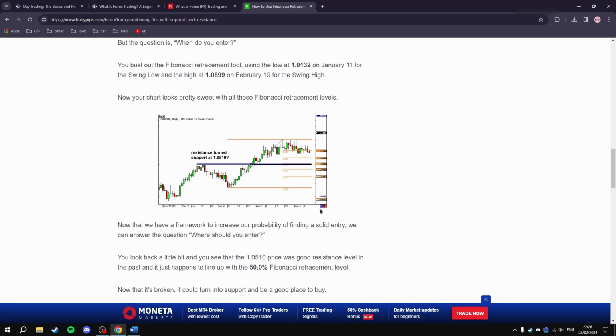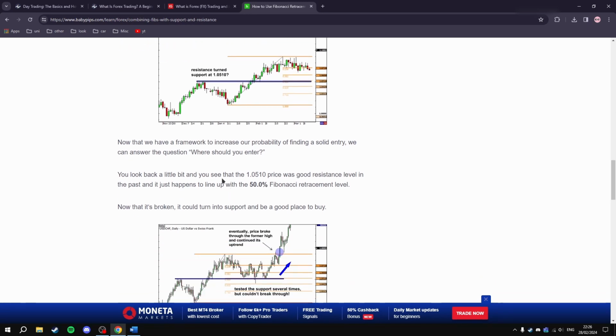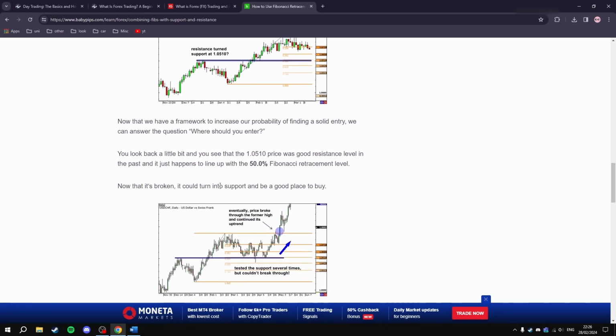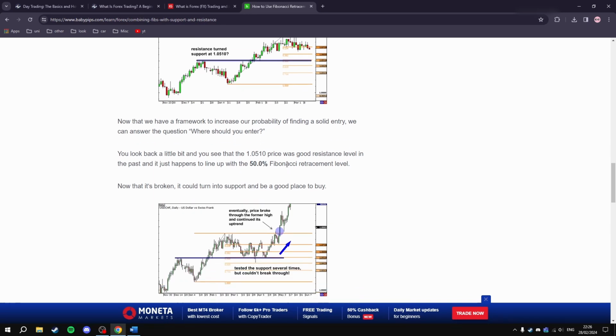Now with a framework to increase our probability of finding a solid entry, we can answer the question, where should you enter? You look back a little bit and you see that the 1.0510 price was a good resistance level in the past, and it just happens to line up with the 50% Fibonacci retracement level. Now that it's broken, it can turn into support and be a good place to buy.